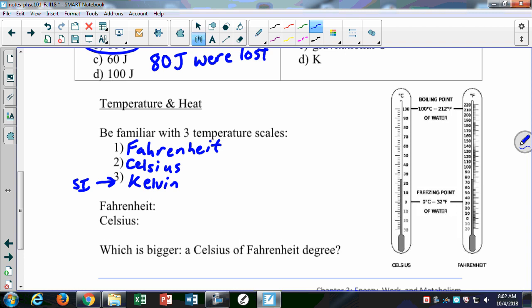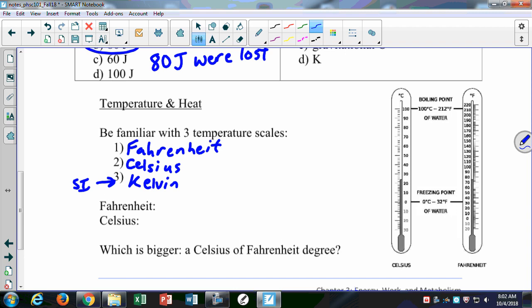I want you to know what these scales are based on. Because anytime I create a scale like that, I have to have 2 different points that are defined and set. And that's what we've done with the Fahrenheit, the Celsius, and also the Kelvin scale. We set different points, and then we use those points to define what the scale is.